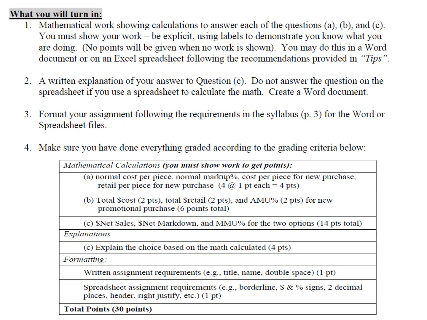So what you're going to have to turn in to me is all the mathematical work that shows your calculation to answer each of the questions: question A, question B, question C. If you use a Word document, be very explicit and use labels to show what each number means.